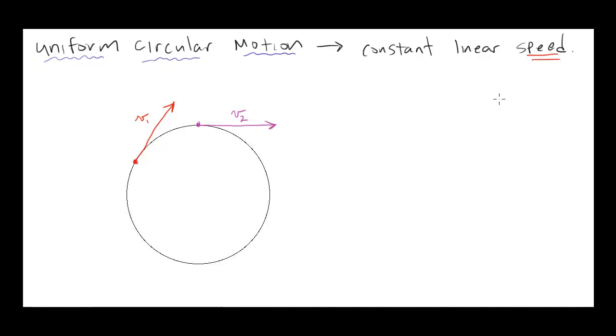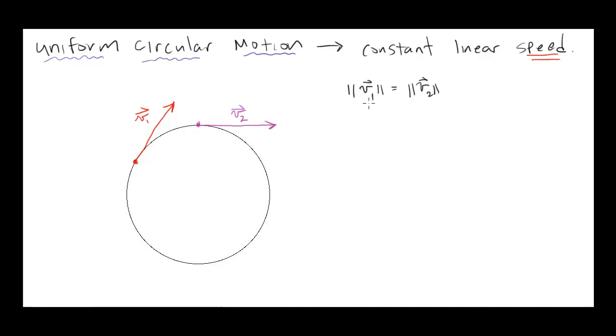We said this is uniform circular motion. In other words, if I call this velocity vector V1 and this velocity vector V2, then the magnitude of V1 equals the magnitude of V2.